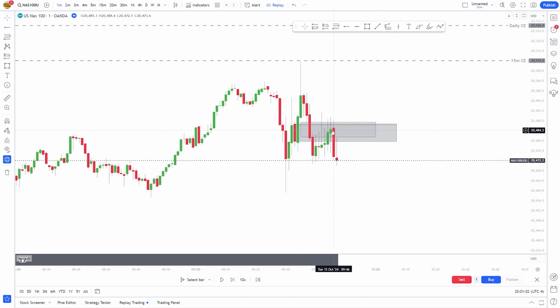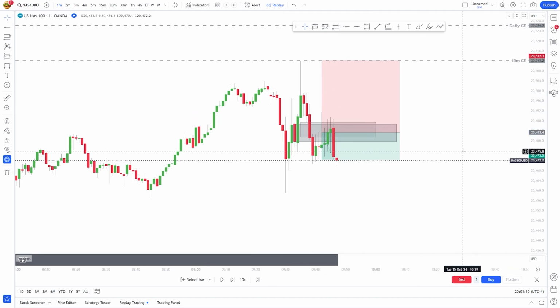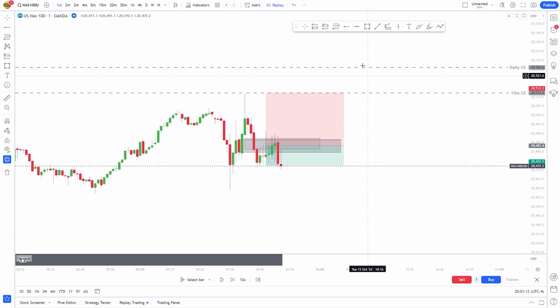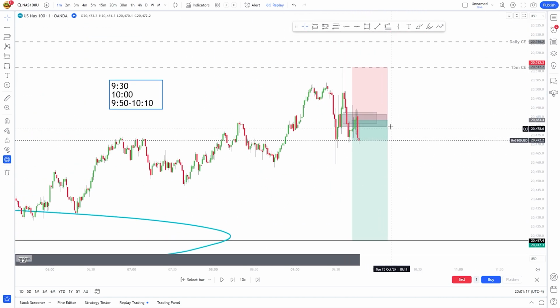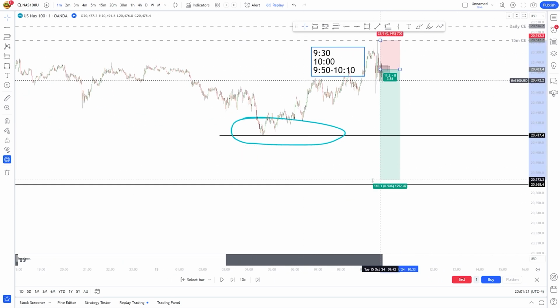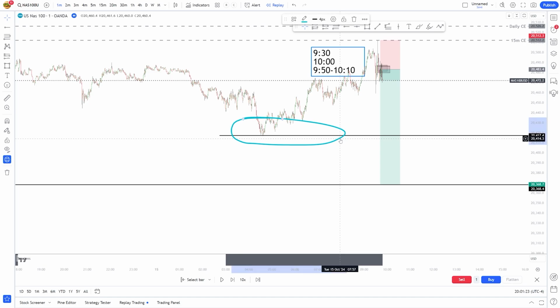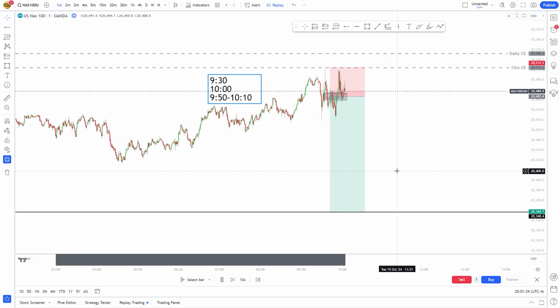So here we can use it as an area of strength, and we can have a short position here with stop loss at this consequent encroachment level, where we're probably going to be wrong if it does hit, and the targets would be all the way down here with a 1 to 2. Second targets could be here, leaving us with a 1 to 4. Okay, now with that being said and with the trade being set, let's see what happens.